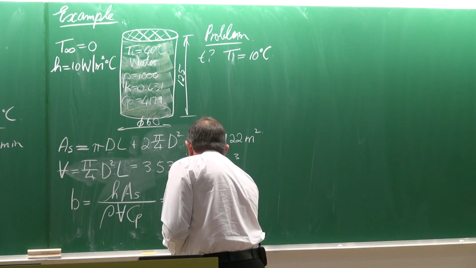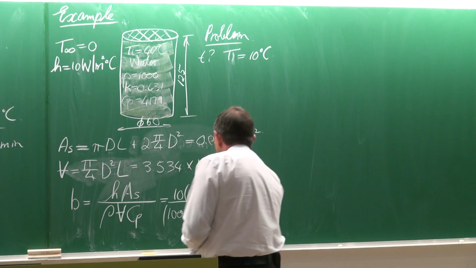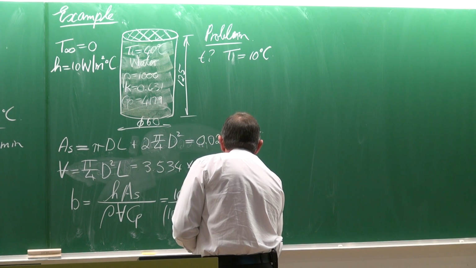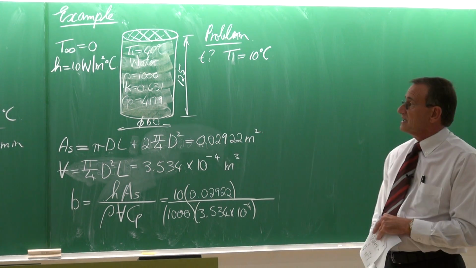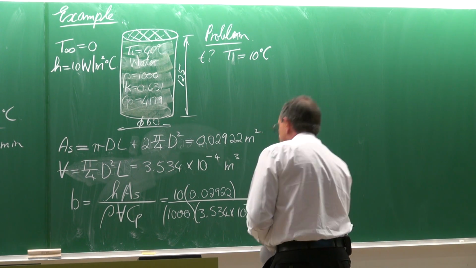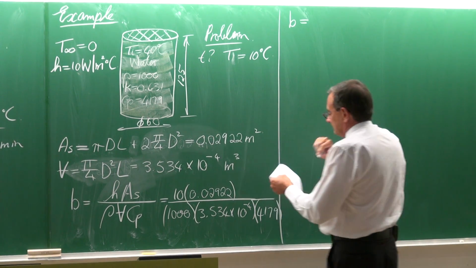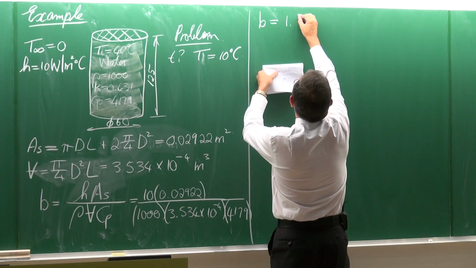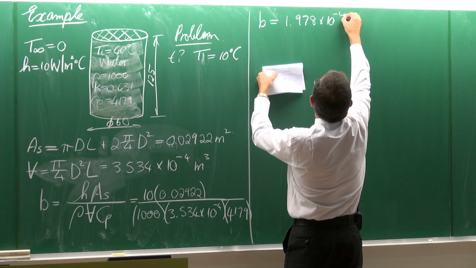We assume it is water, so it's 1,000, multiplied by the volume, 3.534 multiplied by 10 to the minus 4, multiplied by the Cp value of the beer, which is 4179. The result is that the B value works out as 1.978 multiplied by 10 to the minus 4 per second.